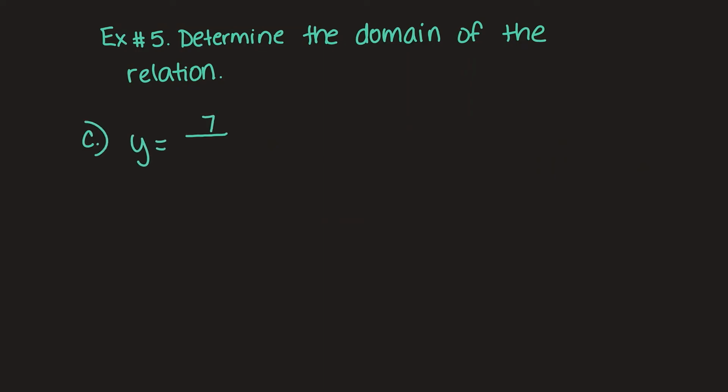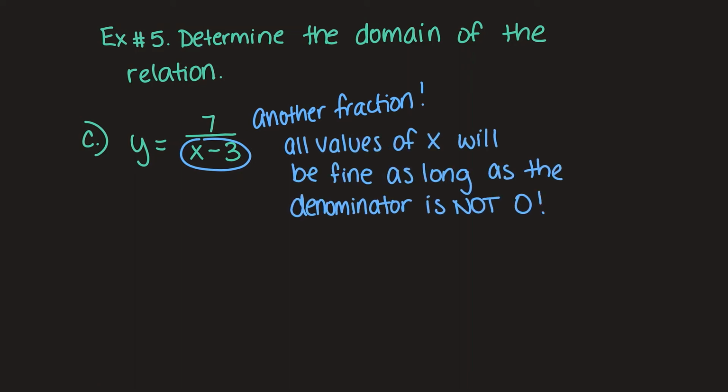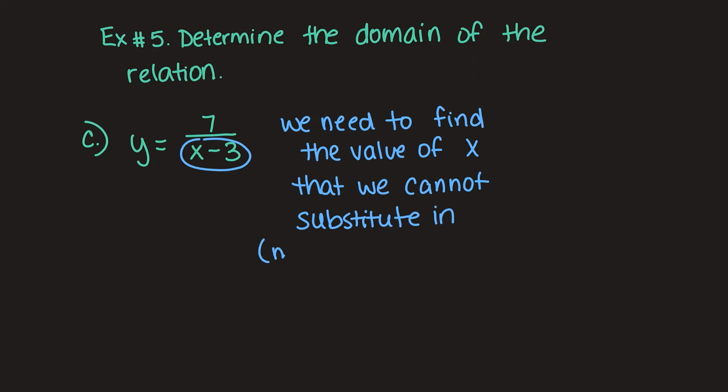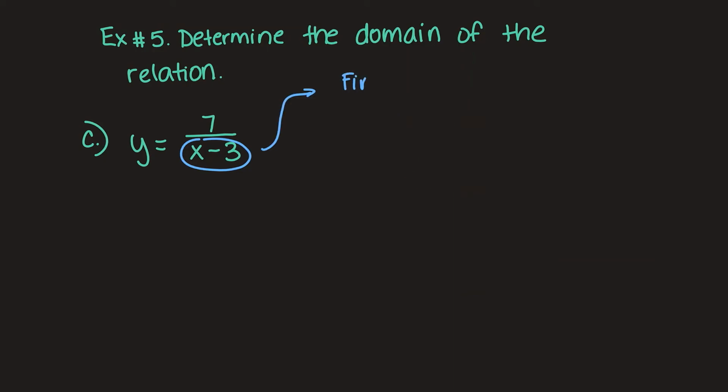For the next equation, we have another fraction. So all values of x will be fine as long as the denominator is not 0. So we need to find the value of x that we cannot substitute in, meaning the value of x that will make the denominator equal 0. So let's find this undefined value.